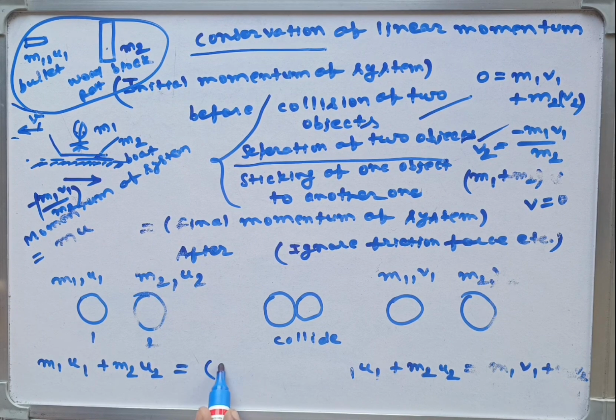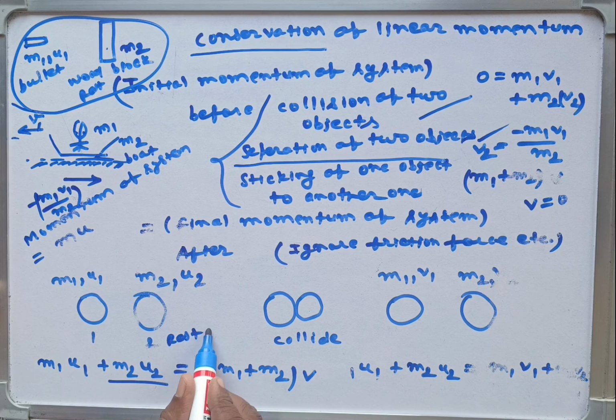So the whole mass of the system is m1 plus m2, with velocity v. The wooden block is in rest condition, so u2 is 0.